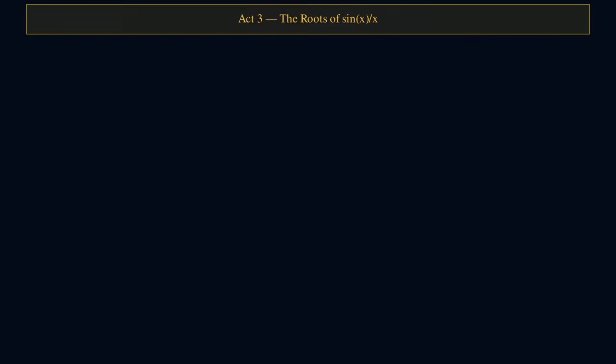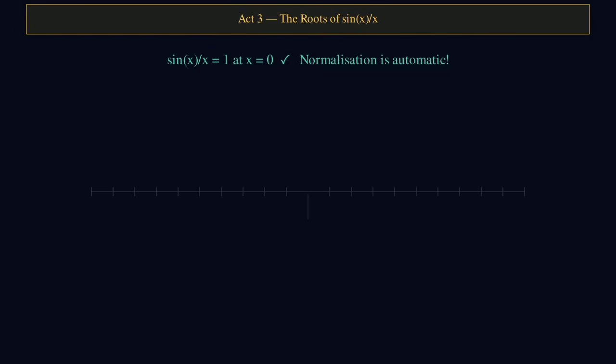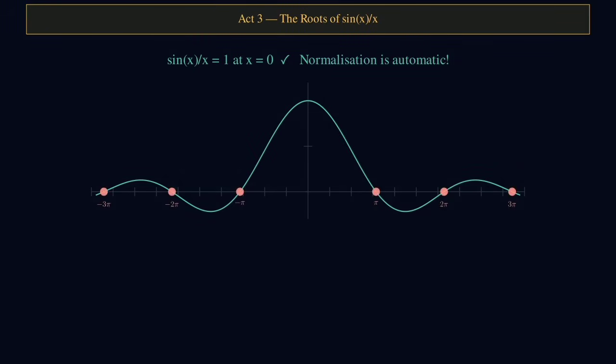Now, here's Euler's bold idea. What if we do the same thing for sin x over x? First, what are the roots of sin x over x? They're the places where sin x equals 0, but not x equals 0, since sin x over x approaches 1 there.